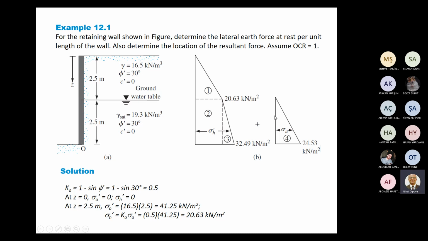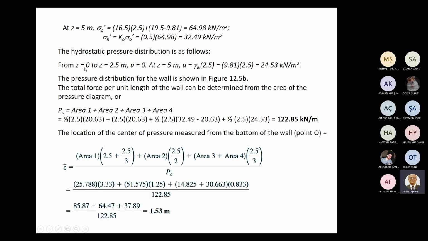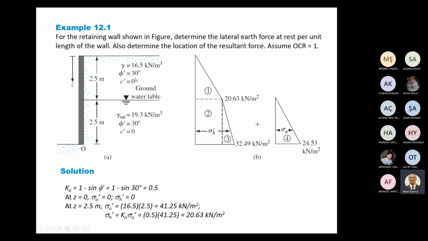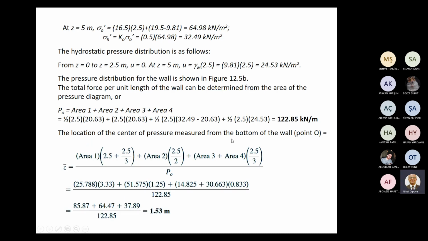And this distribution is for pore pressure. Pore pressure starts with groundwater table and increases proportional with depth. From Z0 to Z2.5, because no groundwater exists here, pore pressure is 0.